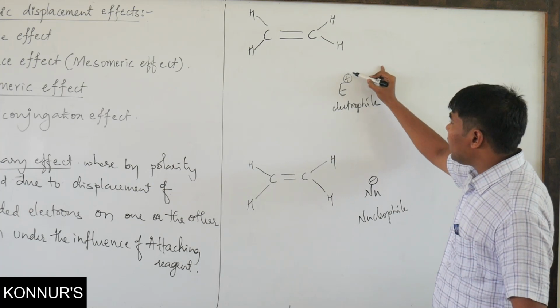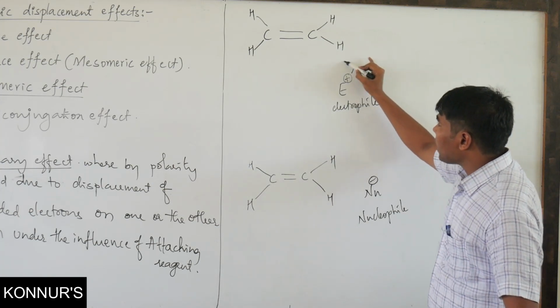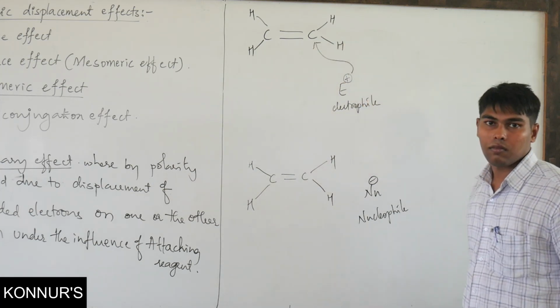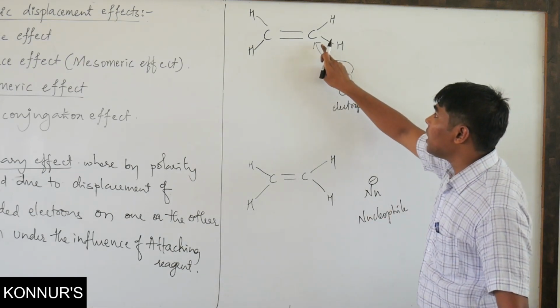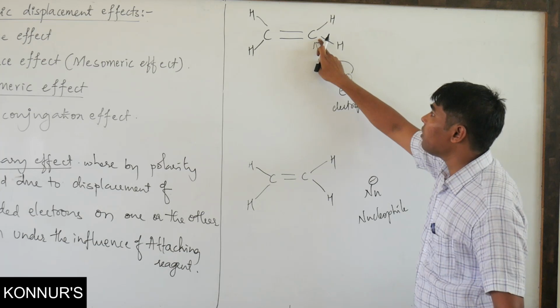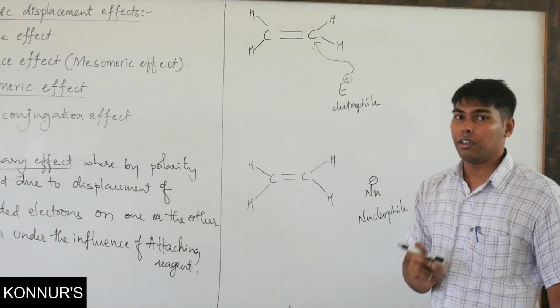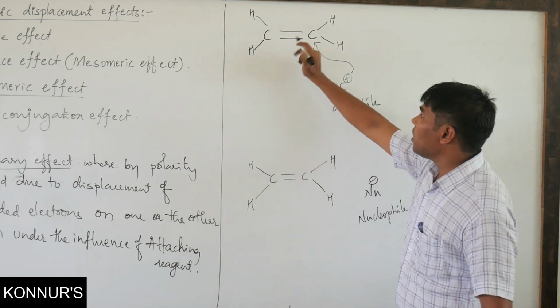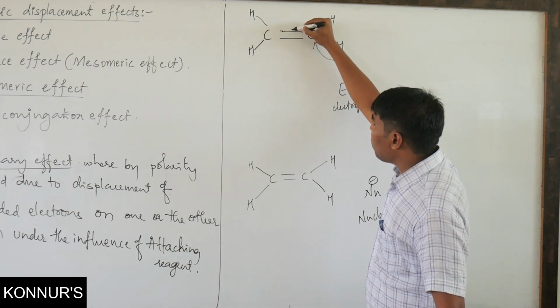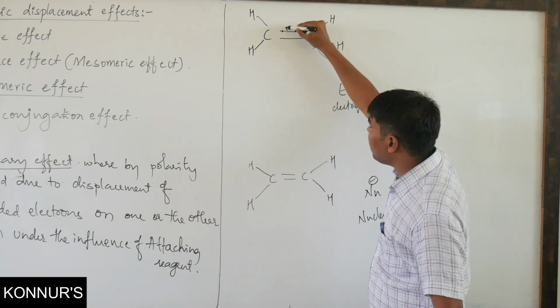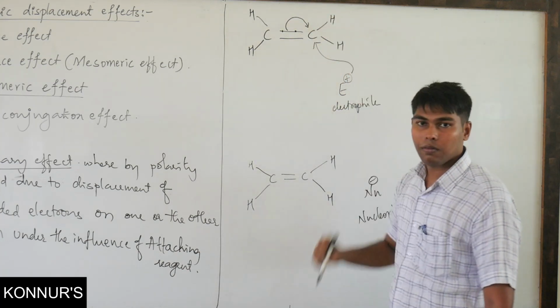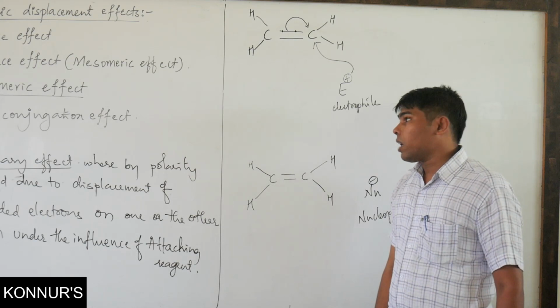If the electrophile attacks this carbon, then in order to attack, this carbon should have electron rich density, so that the pi bond present between this carbon and this carbon will shift to this carbon only. So what happens?